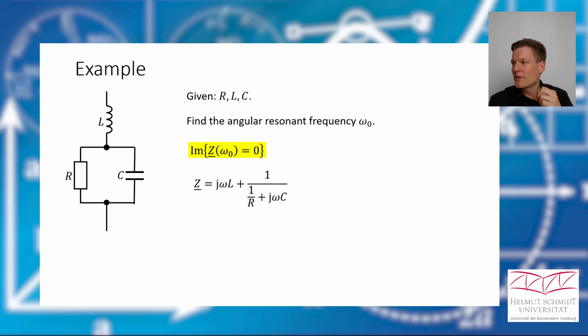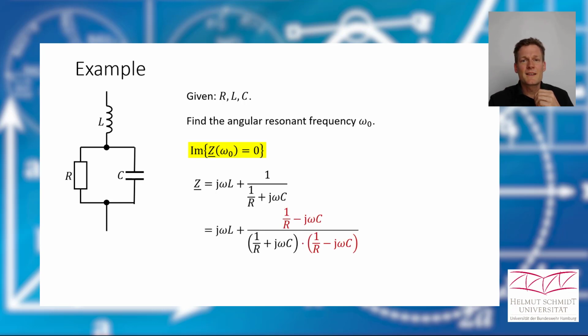We can get rid of that with a trick. I expand the fraction with the conjugate complex of the denominator. The conjugate complex of a complex number is the same complex number, but the imaginary part flips its algebraic sign.